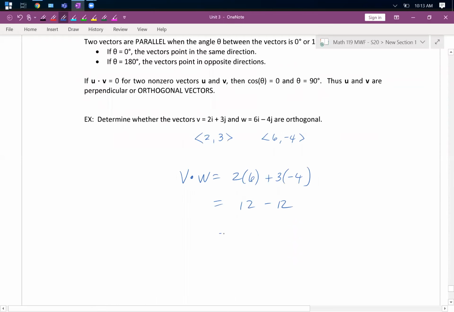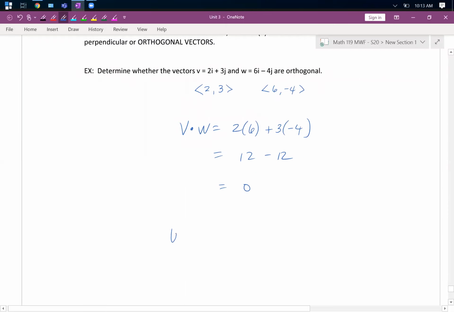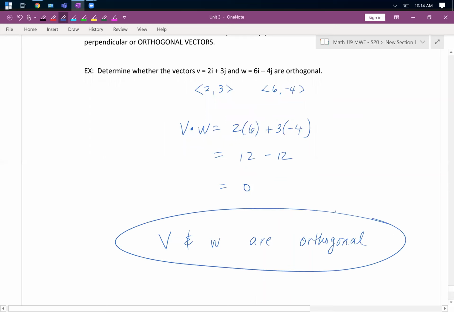And we do in fact get 0, so v and w are orthogonal. And there we go. Questions at all?